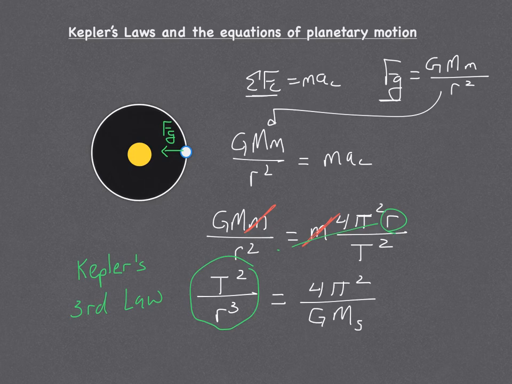So when we look over here, if this is for the Earth, and we had another one for Mars, remember they were all equal to each other, right?